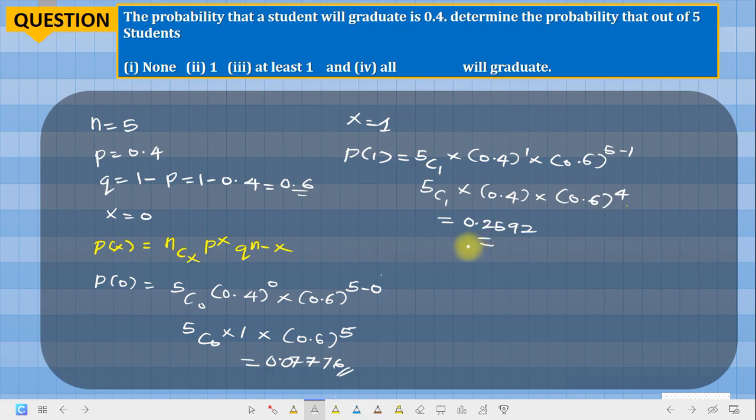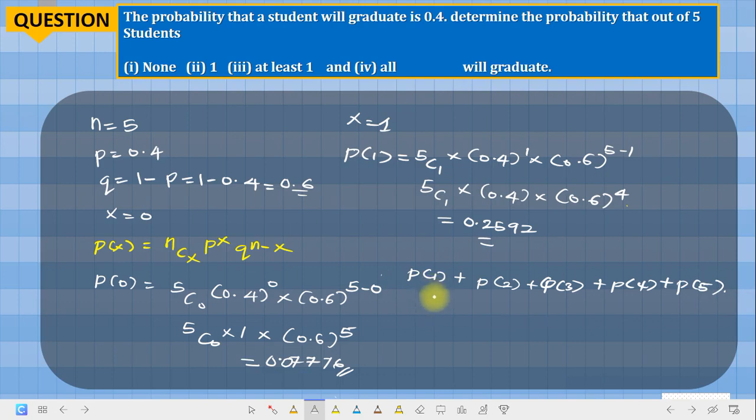At least one means the probability that one will graduate plus the probability that two will graduate plus the probability that 3 will graduate plus the probability that 4 will graduate plus the probability that 5 will graduate.